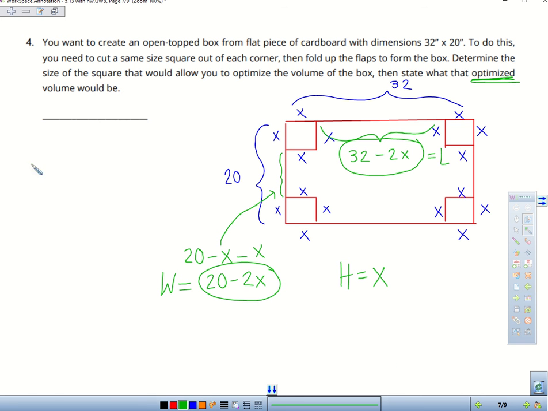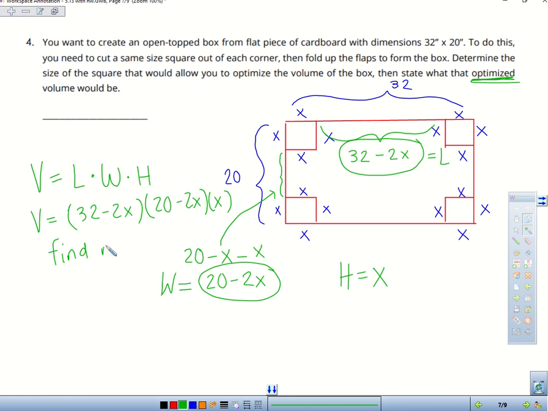So you're going to multiply, find the volume, and put it in Desmos and look for the maximum. Alright, so that's what I'll give you, and you have a little bit of time to work on it.